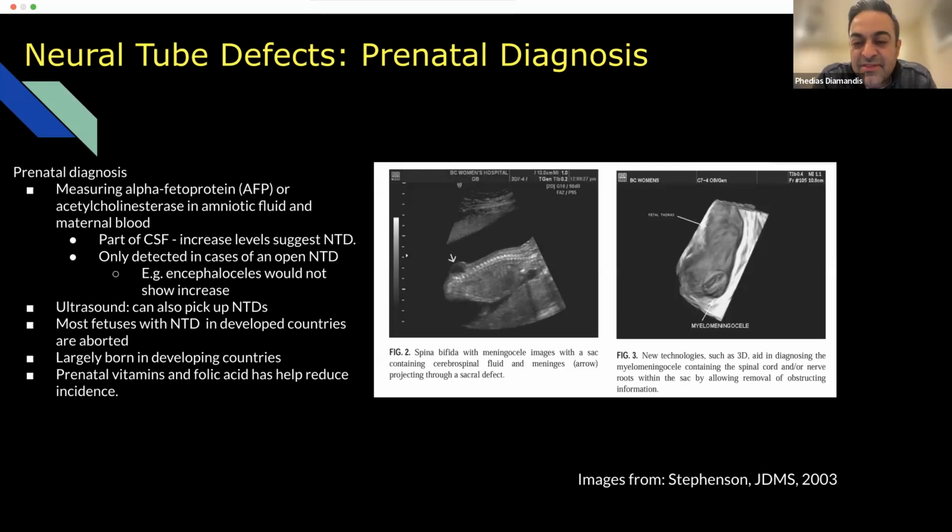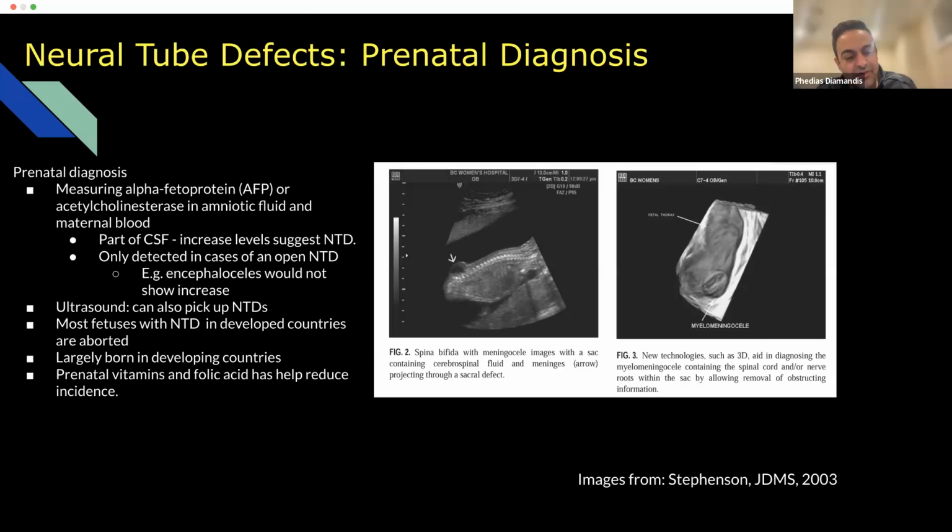You can pick them up with MRI, which again, in many developed countries, these will lead to kind of early abortions due to the severe symptoms that these patients may exhibit, and so they will vary depending on how good the screening program is and what the cultural beliefs and accepted practices are of that specific region.